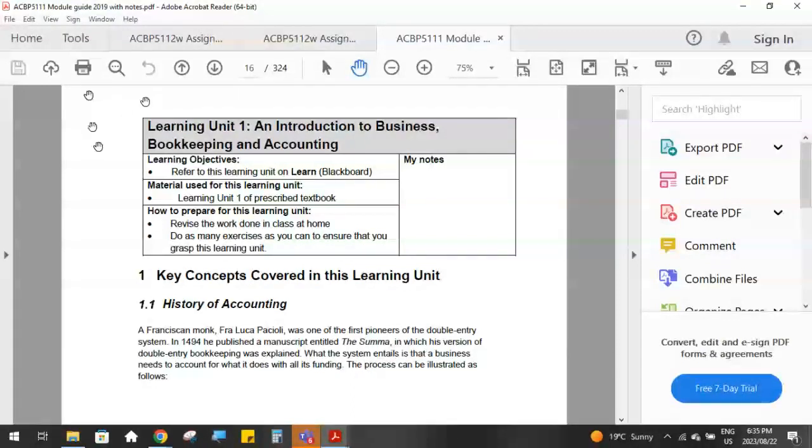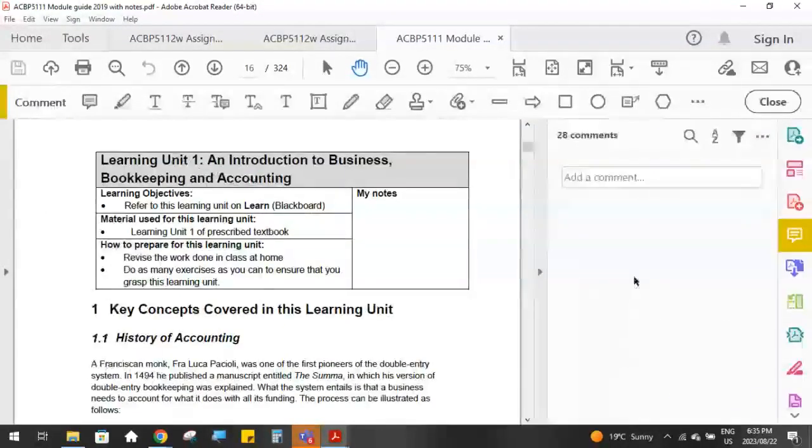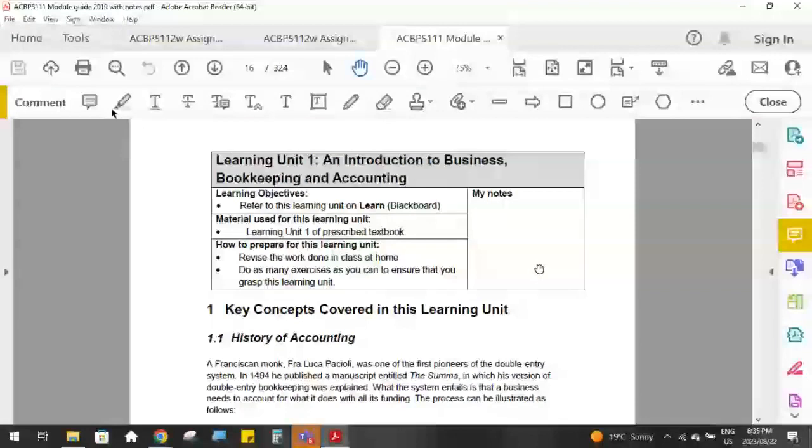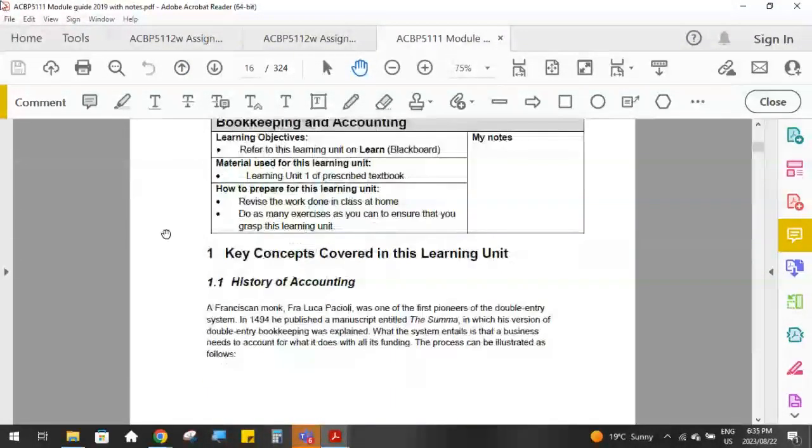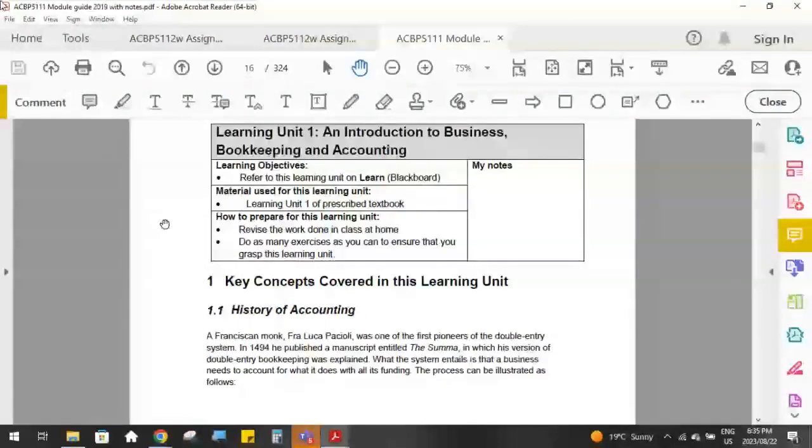Okay, so you can see here on the screen is Learning Unit 1, which is your intro to business and bookkeeping. There are just a few things I want to go through with you to make sure you understand, and to see if there are any questions.